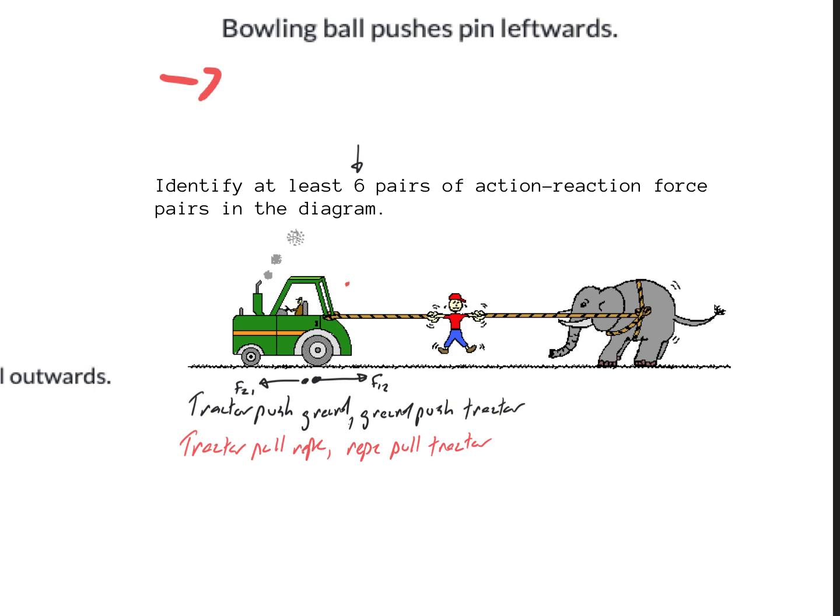Here we can say force of tractor on rope, and then we have this one, force of rope on tractor, or vice versa. Your job is to go through and find at least 4 more. There's a bunch in this diagram, but we have the tractor and the elephant and the poor guy suspended in the middle. Wonder what he did wrong to deserve such a fate.